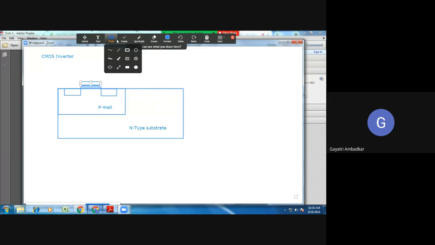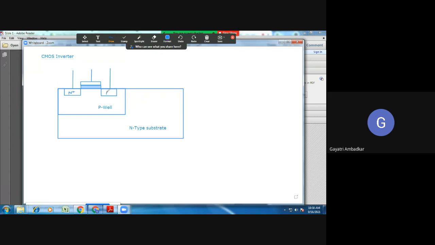Okay. So now a terminal which is taken out here, which terminal is this? Please name this terminal. So this is your N block.